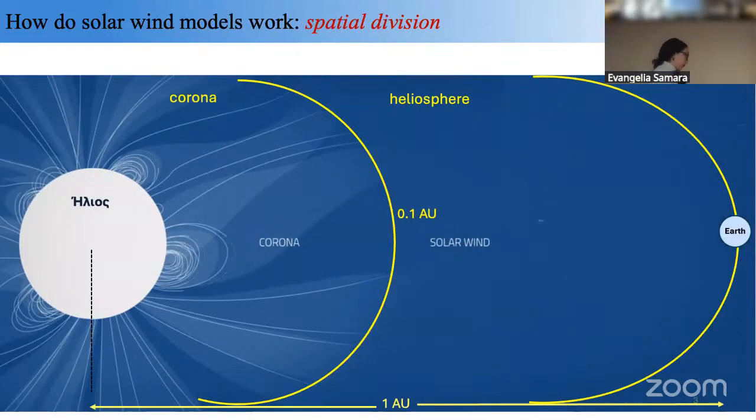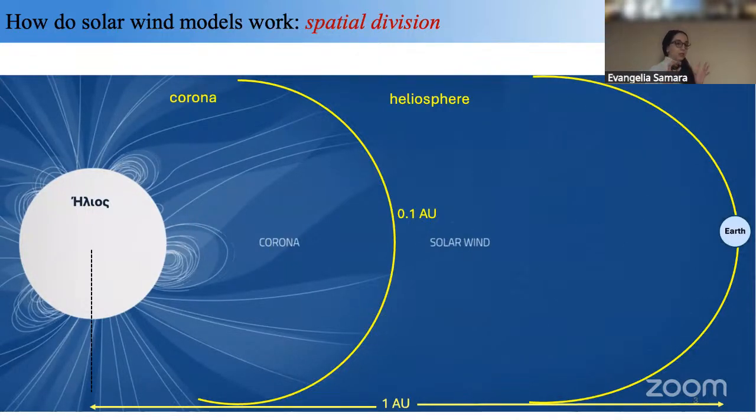When we want to forecast the solar wind conditions and properties in the inner heliosphere, we cannot do that by just using a single model. And that's because the physics is different, going from the sun further away. Different processes dominate closer to the sun and different processes dominate further away from the sun.